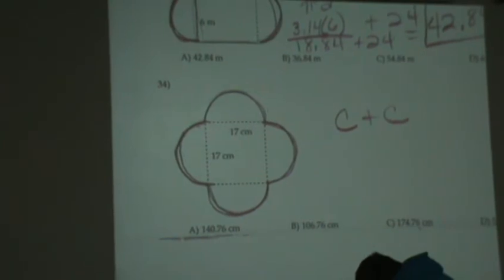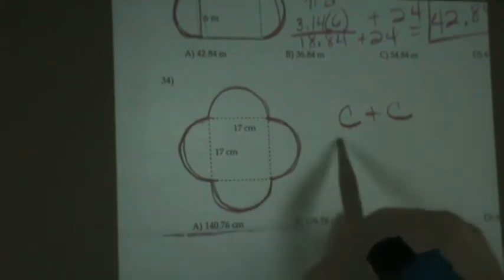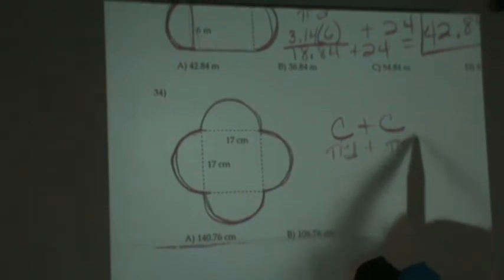Okay. We're still doing perimeter. We're going around this. Okay? So we have the bottom and top make one circumference, right? And the right side and the left side make another whole circumference. Do we need any of the straight lines? Not to go around it, right? So this is going to be your whole perimeter. Pi times diameter plus, again, pi times diameter.